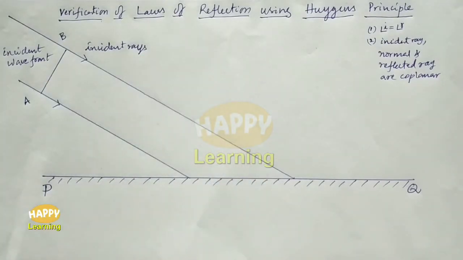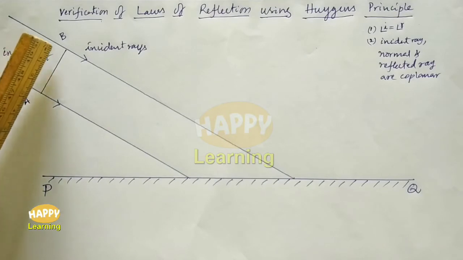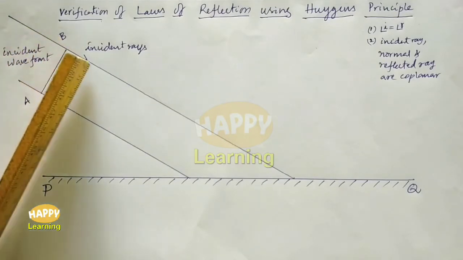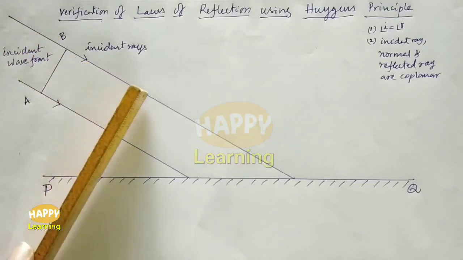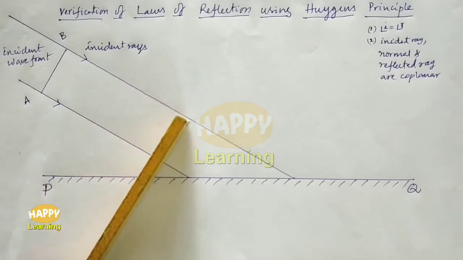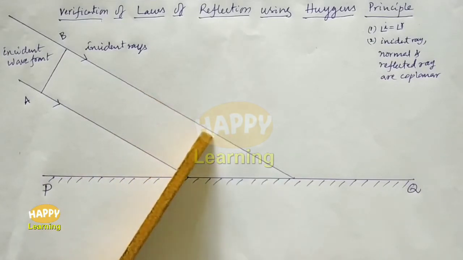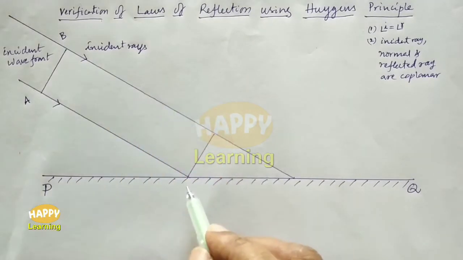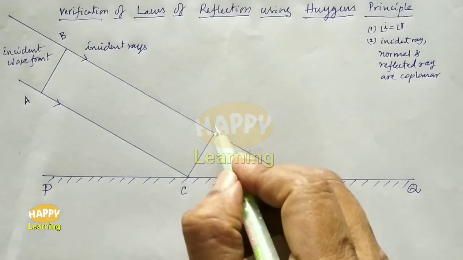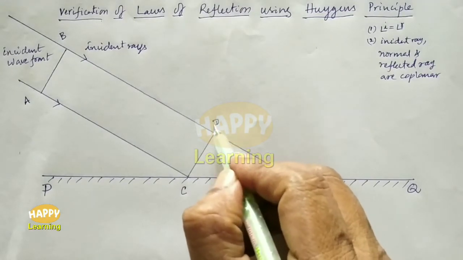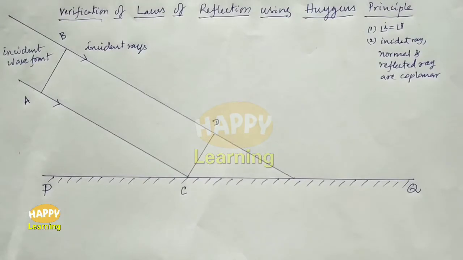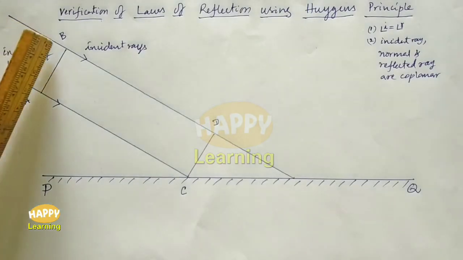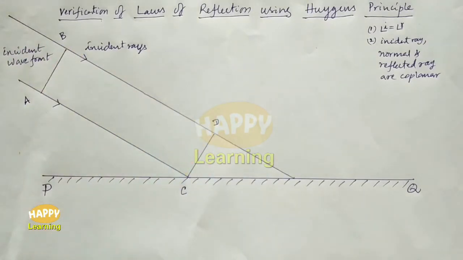Let this wavefront AB approach like this, and when it touches the reflecting surface, let this point be C and let this point be D. CD is the incident wavefront.